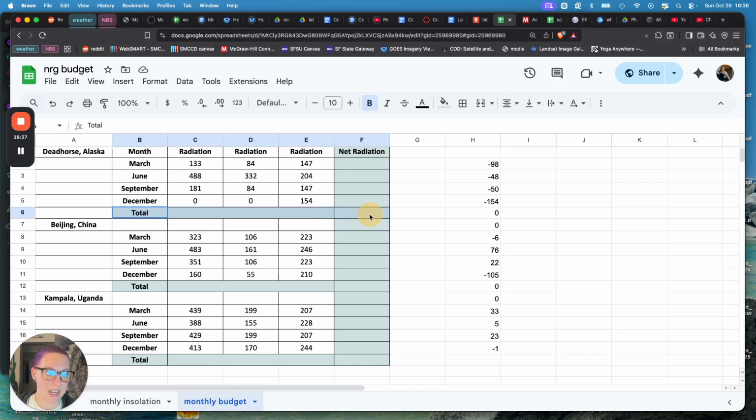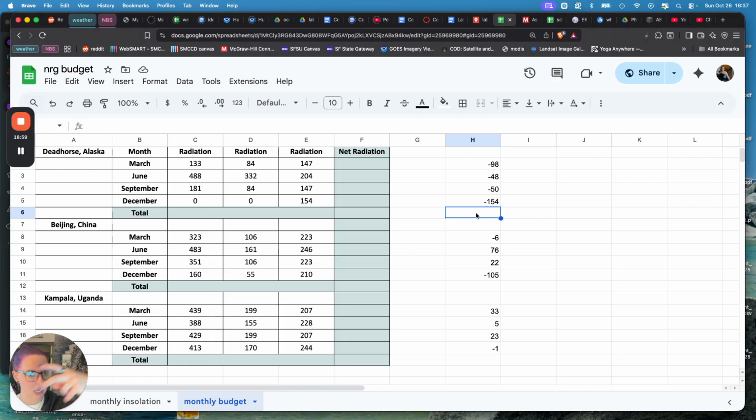Then your next task is to calculate the total net radiation for that year. And to do that, where it initially says 0, because we auto-filled that using the blue dot for us, to do the total, you just use the sum function, which is a really neat function.